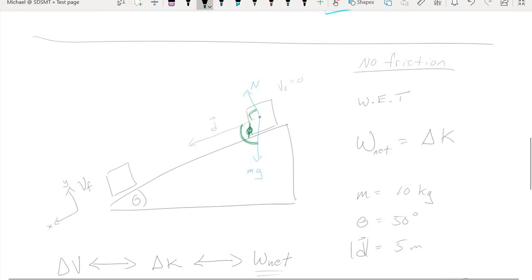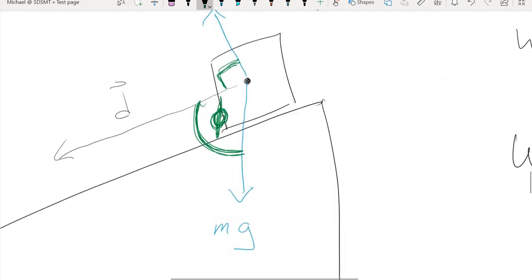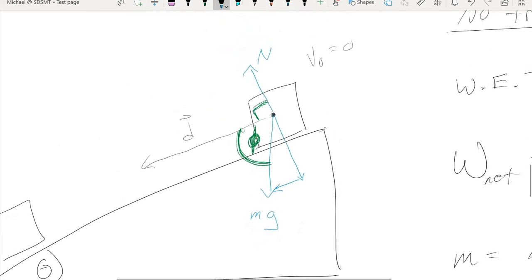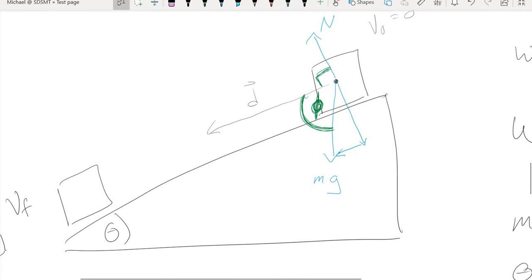But if we remember back with our previous problems where we dealt with inclined planes, a lot of times we took the gravity force and we broke it up into components that pointed parallel and perpendicular to the incline. And the angle of our incline, theta, always ended up in this top corner there.